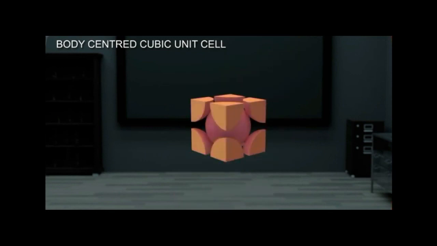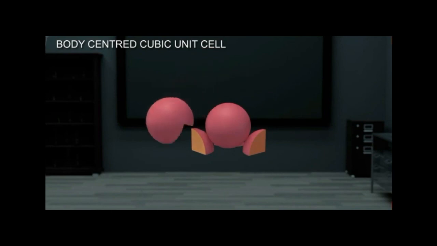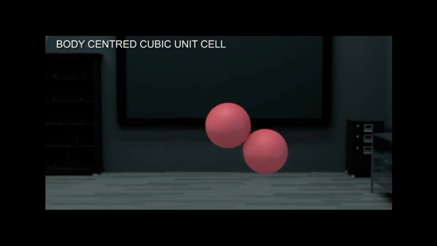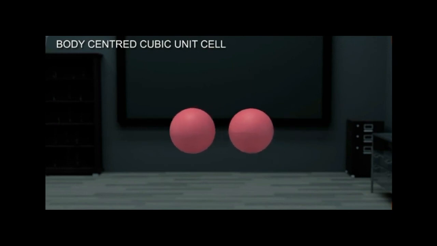The 8 corners combine to give one particle, plus the middle one, altogether giving 2. So the rank of a body centered cell is 2. For a body centered unit cell, 8 corners plus 1 middle, the total rank is 2. Again I am repeating, rank means the total number of particles present in the unit cell.